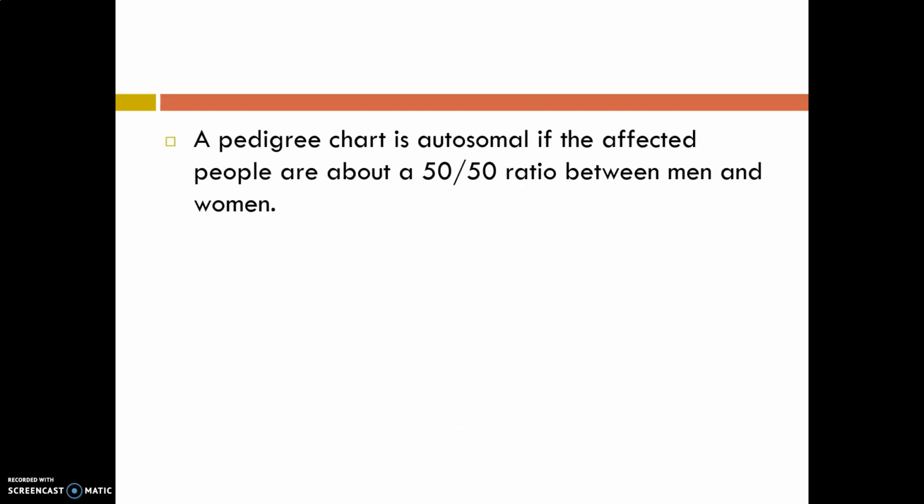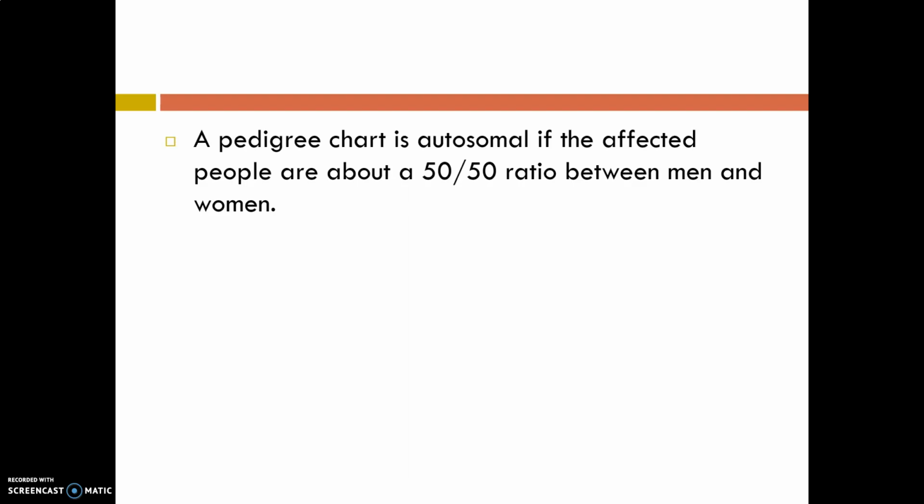So in general, a pedigree that's autosomal is going to show about a 50-50 ratio between men and women being affected. Now, that's not always going to be a perfect 50-50 ratio. So you might see slightly off of 50-50, like 4-2 or 3-2 or something like that, but it's going to be fairly equal.